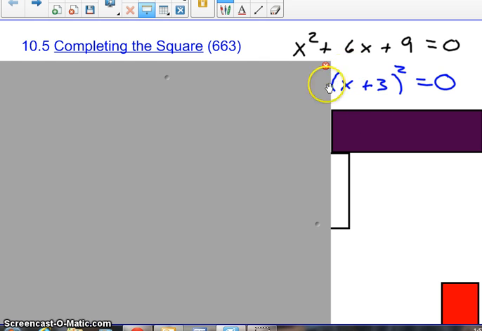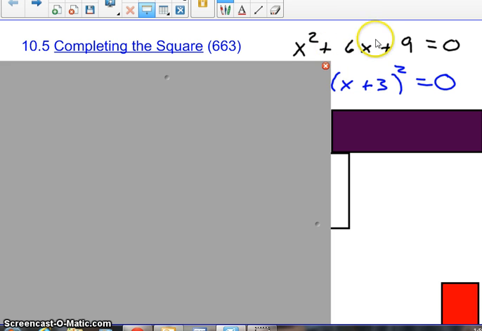So what could we do if we didn't have a 9 here? How could we know, looking at the middle term, what c should be in order to create a perfect square trinomial? What could we do with 6 in order to find the 9 we need, Dina? Add 6 to it?